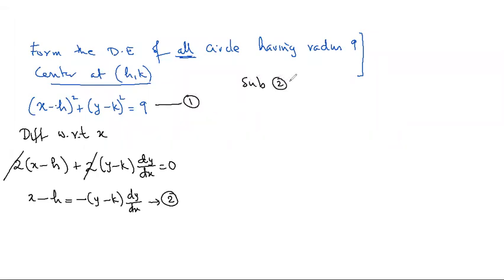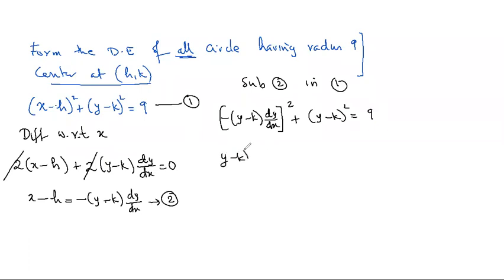Substituting 2 in 1, it became minus y minus k into dy by dx, the whole square, plus y minus k the whole square equal to 9. So y minus k the whole square becomes common. Now what to do? If I apply here, give me a product rule.